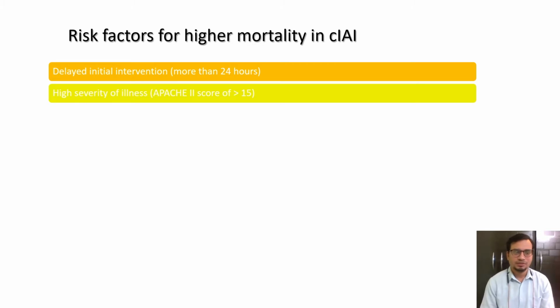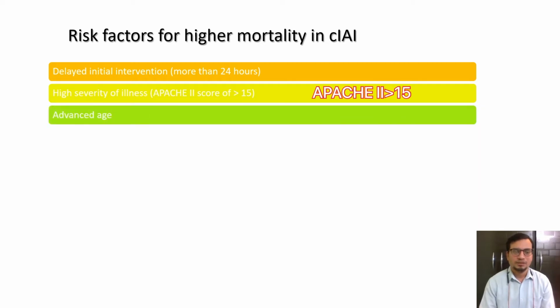If the patient comes with a higher severity of illness, an APACHE II score more than 15 or SOFA score more than 8, that's definitely a bad risk factor. Then advanced age, more than 65 or 70 years.